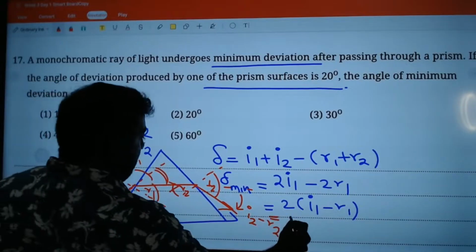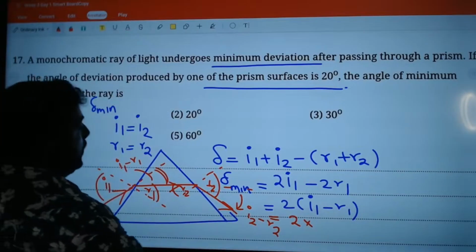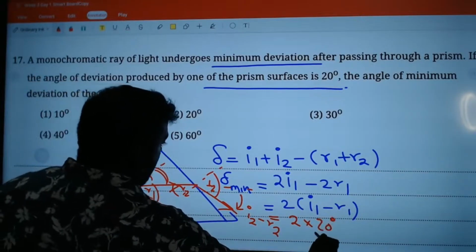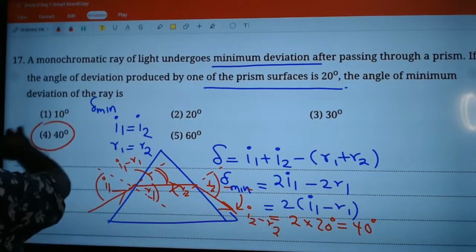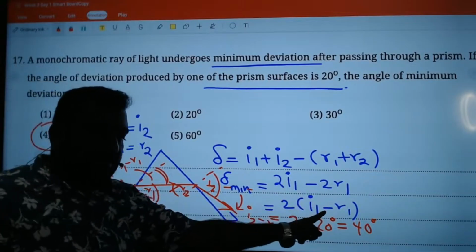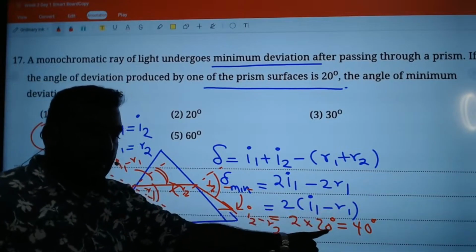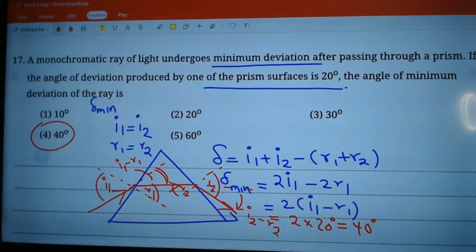So at minimum deviation, I1 minus R1 equals I2 minus R2. Deviation from one end is 20, so total minimum deviation is 40. Correct answer is answer number 4. Minimum deviation means double. Question number 17, answer number 4.